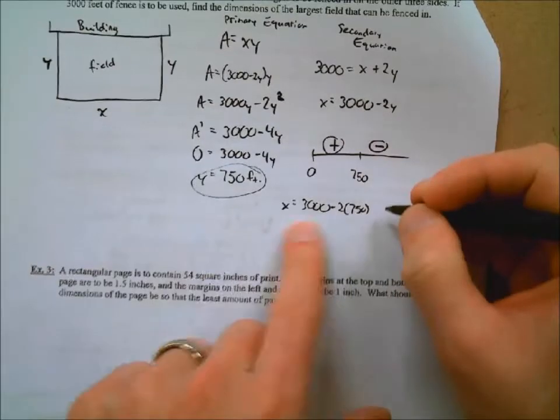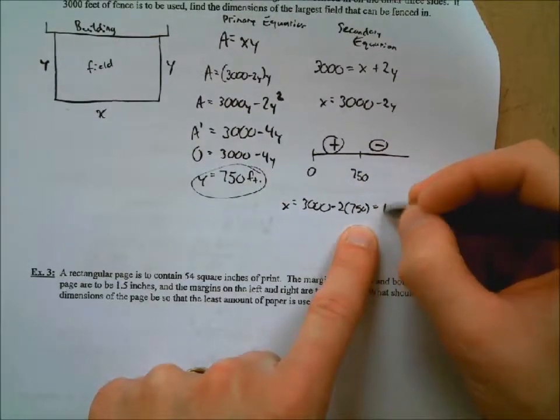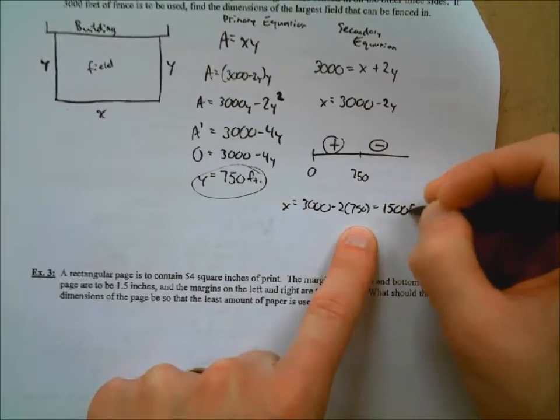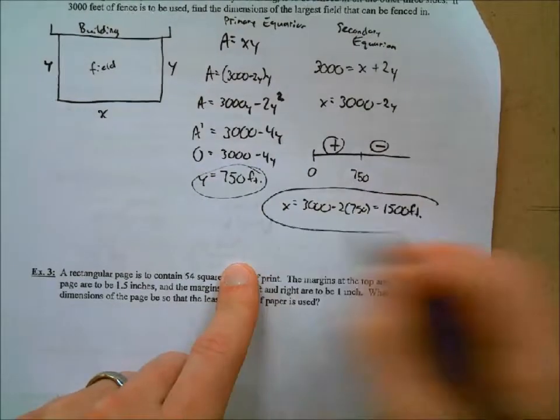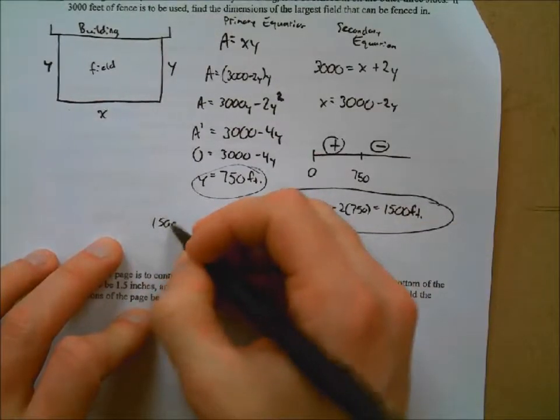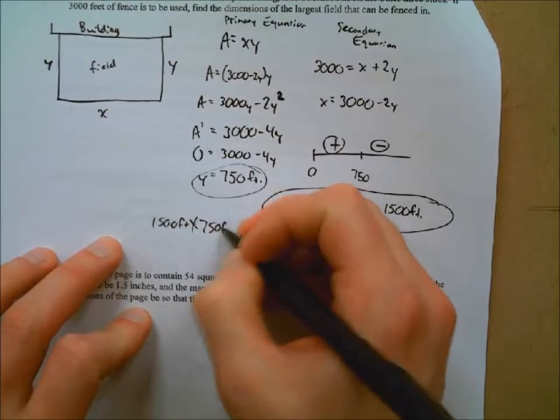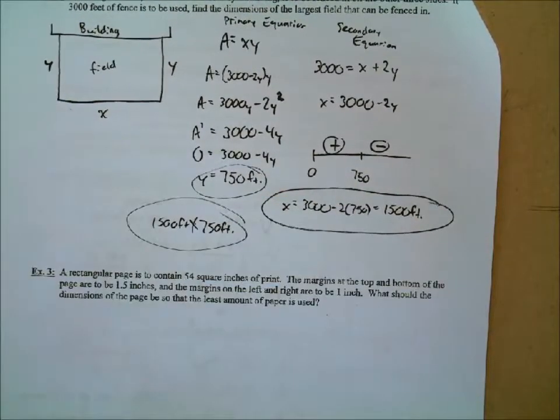Okay, 2 times 750, 1,500. 3,000 minus 1,500 is 1,500 itself. Okay, and so there are our dimensions: 1,500 feet by 750 feet. Or you can just say the x and y there. That's fine too. You don't have to circle that additional one.